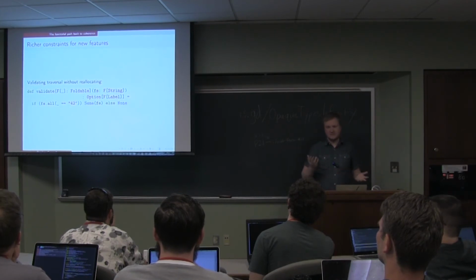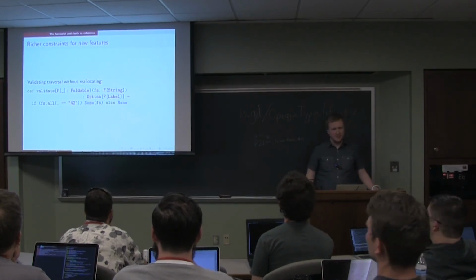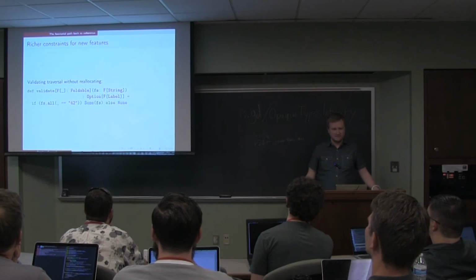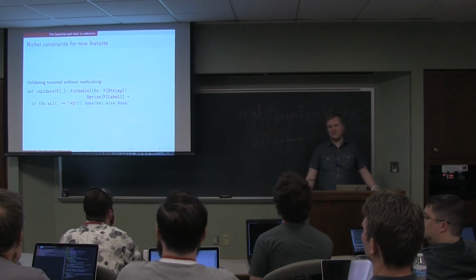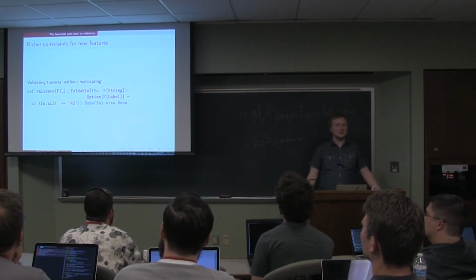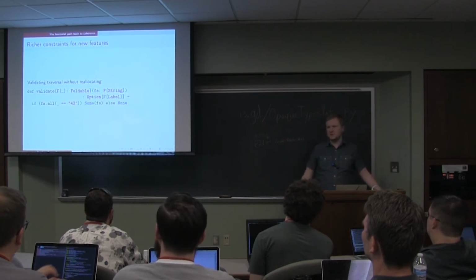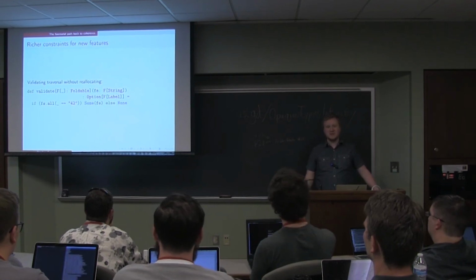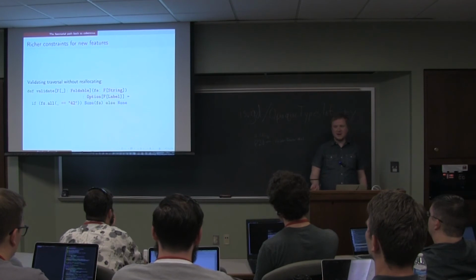What about this one? Well, let's just try to read the signature. If I can fold over f, then I can take f of string to optional f of label. So in this case, I've reintroduced validation of labels, right? So for example, I could check that they're all lowercase. The difference between this and a simple traversal where we're checking one string at a time is that I can return the same structure.